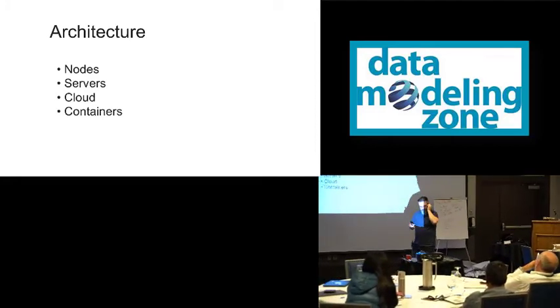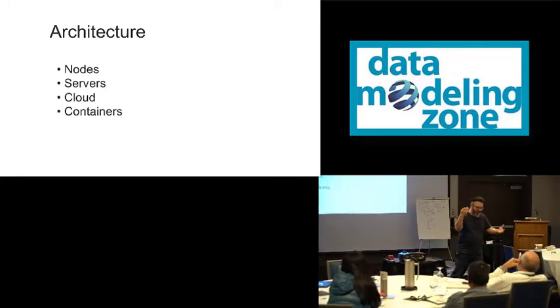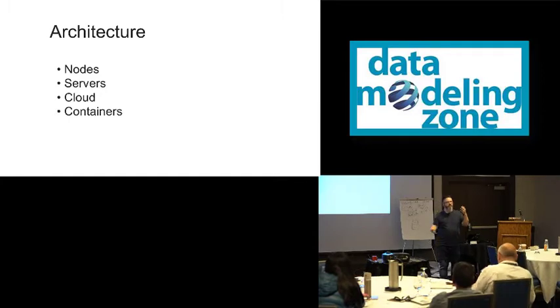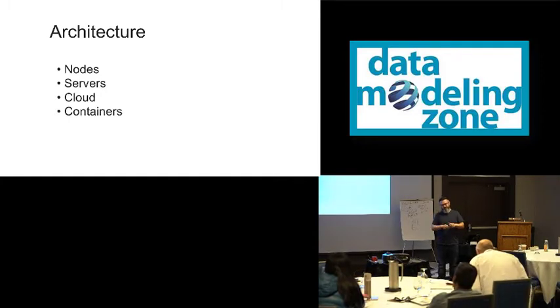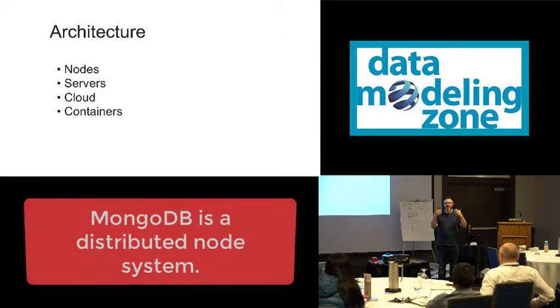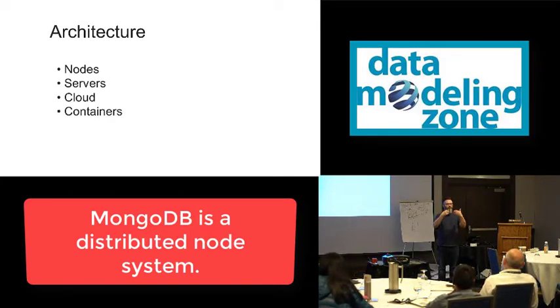We were having a conversation at lunch, and we were talking about the architecture of Mongo compared to what we're used to from an architecture standpoint in the relational world. Mongo is a distributed node system. If you haven't worked with a distributed node system before, they're kind of non-intuitive. And the things that we learned in the relational world and a lot of the patterns that we have don't necessarily map straight over.